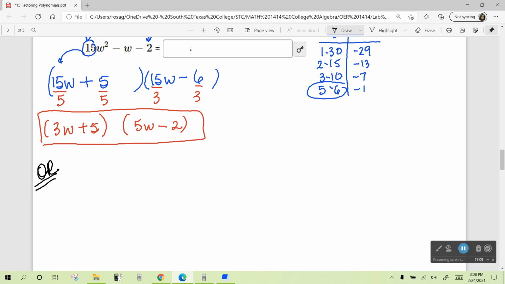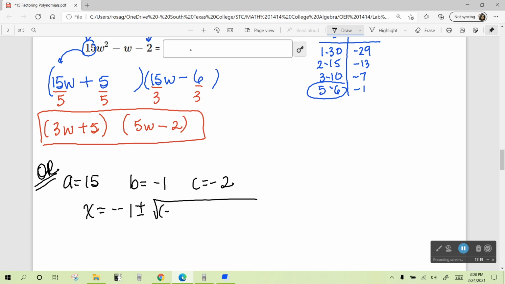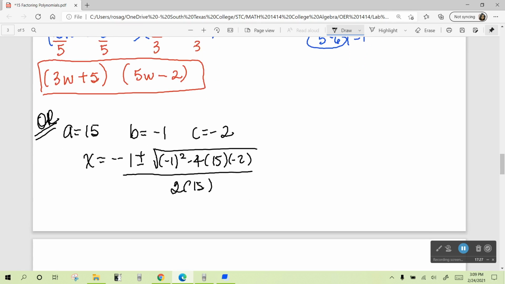Now, if you're going to do it with the quadratic, and I'm doing both here to give you options on how to do it, the quadratic will give you x equals negative 5/3 and x equals 2/5.